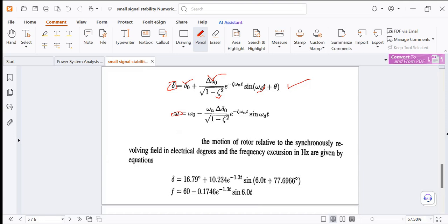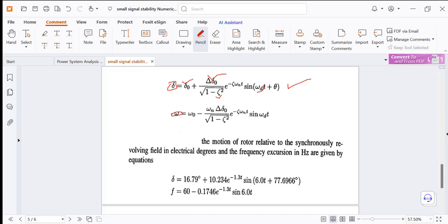So now if we want to have the exact value of delta, we will only need to put the value of t here. Whatever the time at which we want to calculate the value of delta, we will obtain the value of delta at that time. And similarly for the frequency, both of these parameters are dynamic, both of these parameters are time dependent.